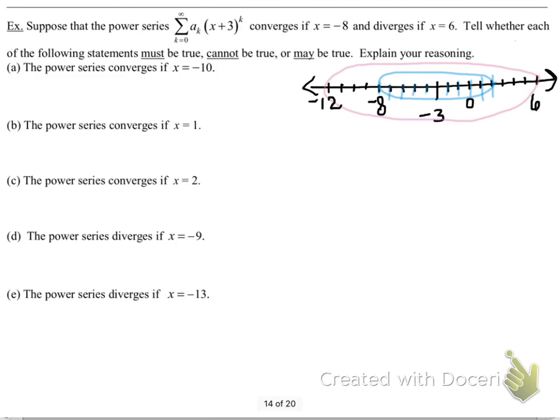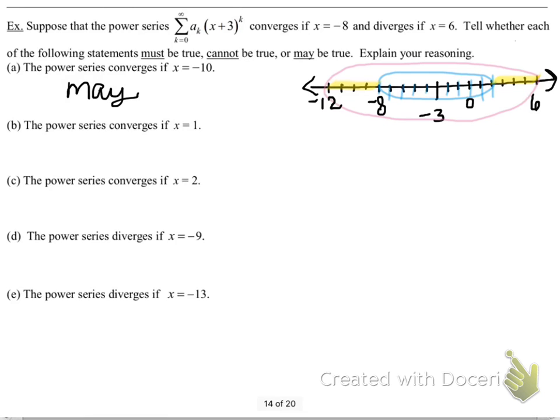We do not know what is going on right here. We don't know if the radius of convergence is for sure 5. It could be 6. It could be 7. It could be 8. We don't know anything about that information. So we have to say that right here, the power series may converge.